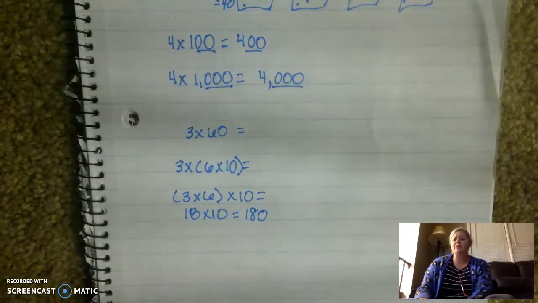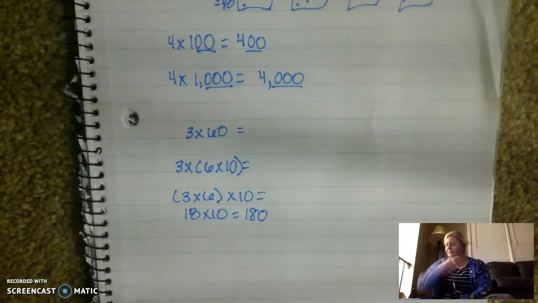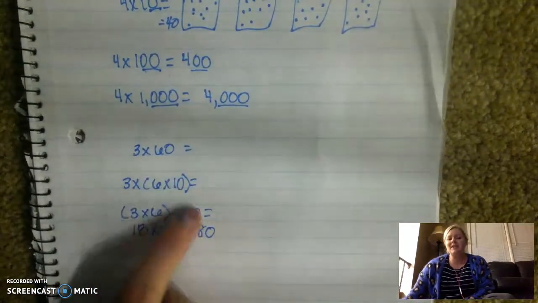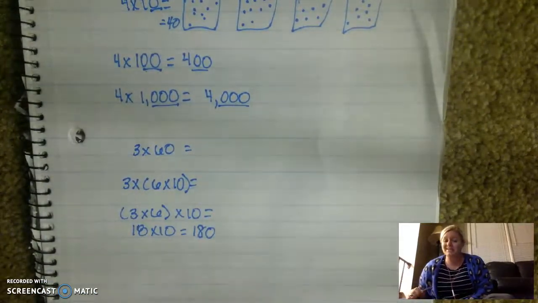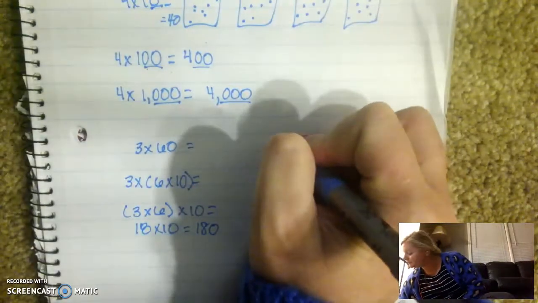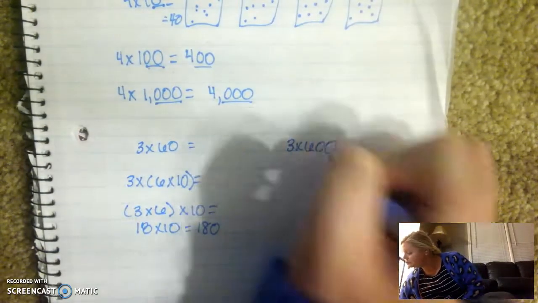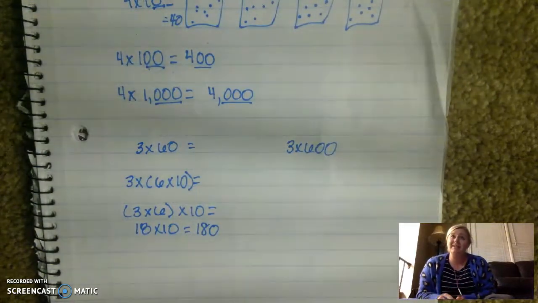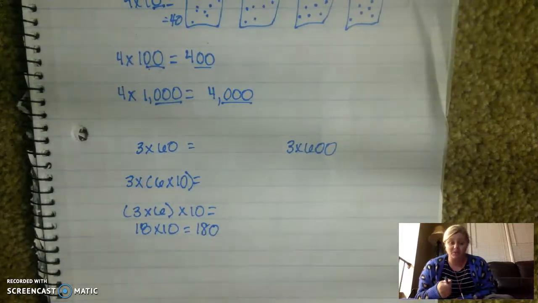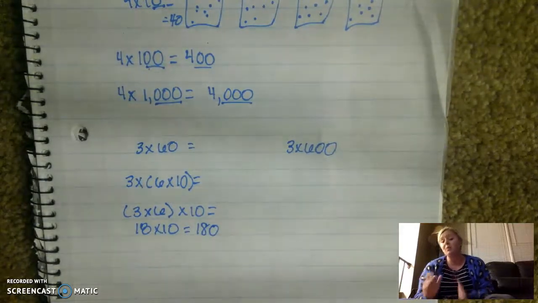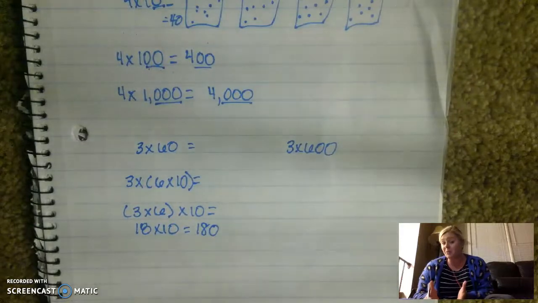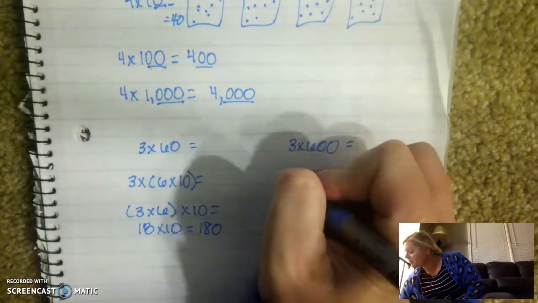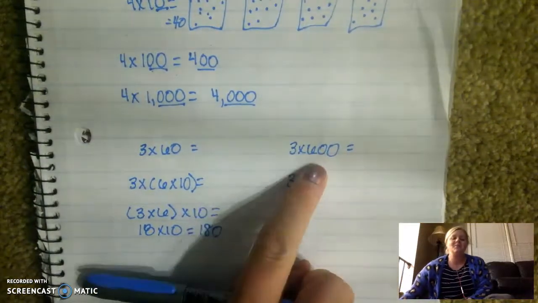I wonder if that's true for a higher number. So let me take 3 times 60 and let's do 3 times 600. First, I need to use the, what was that called again? The associative property of multiplication, which says I can break up and regroup this number. So I'm going to take my 3, keep it right here, and I know that this number represents what?